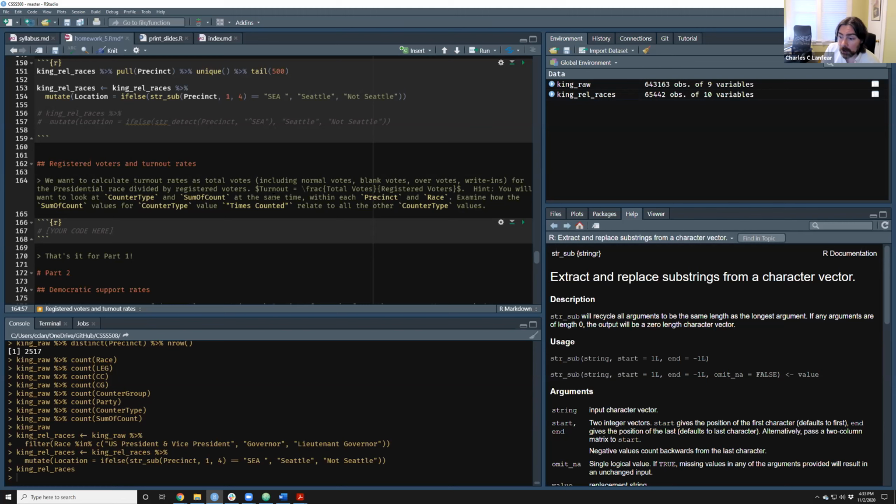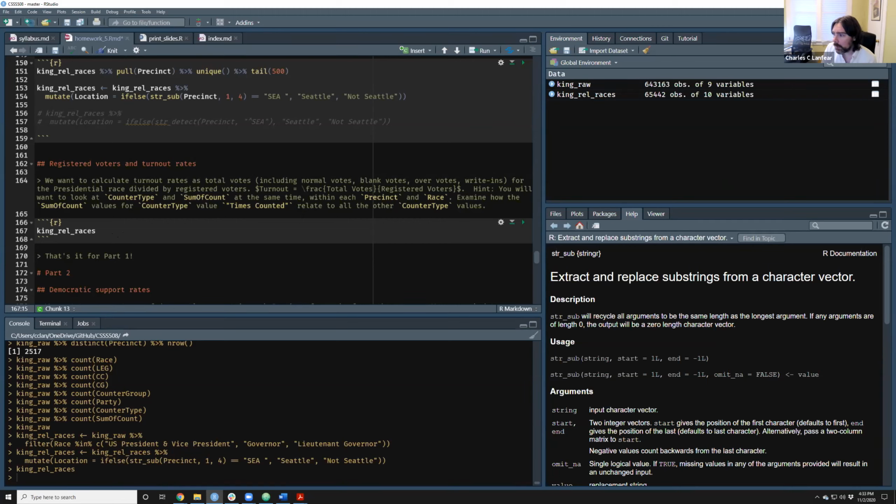If we remember, we got some weird stuff in this data set that we're going to have to pull apart to get what we want. I give a hint here that says you're going to want to look at counter type and sum of count at the same time within race or within precinct and race, and figure out how they relate to the other ones to tally up what we want.